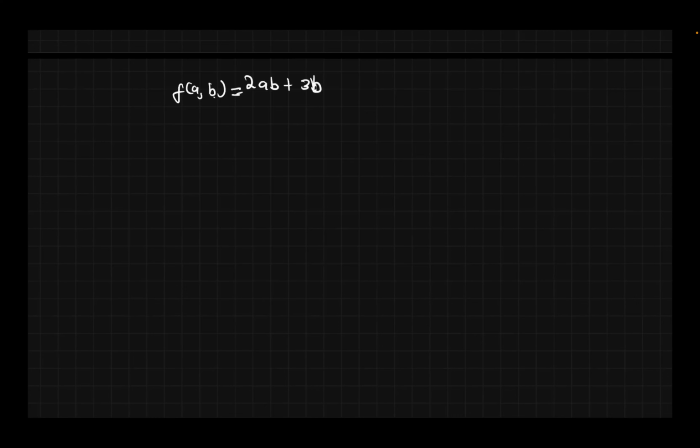So this is multilinear. What's the degree? 2: ab, and then b. So let's evaluate this at a couple of points that I want to interpolate. We'll evaluate over the Boolean hypercube.